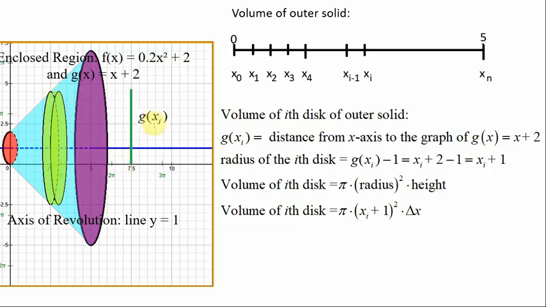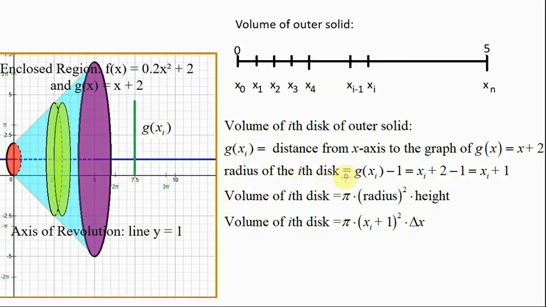And so notice that g of x sub i is not the radius of this ith disk. And so to get the radius of the ith disk, we need to do g of x sub i minus 1. And so it's the distance from here to the x-axis, and then minus this part, which is 1. So the radius of the ith disk is g of x sub i minus 1.